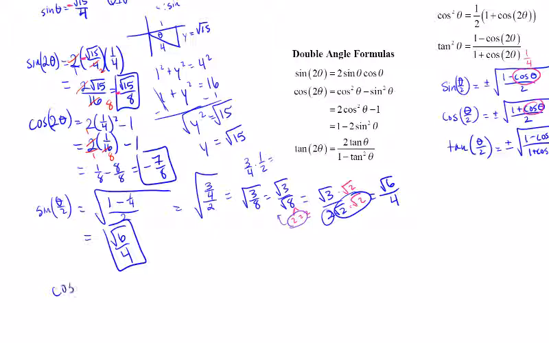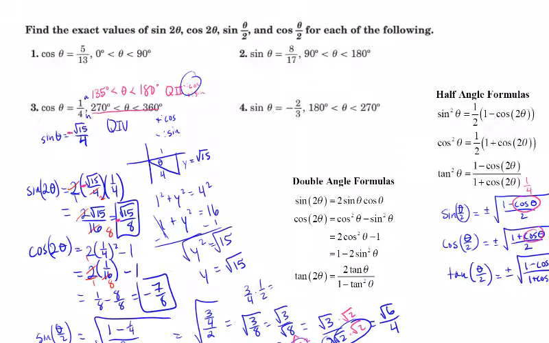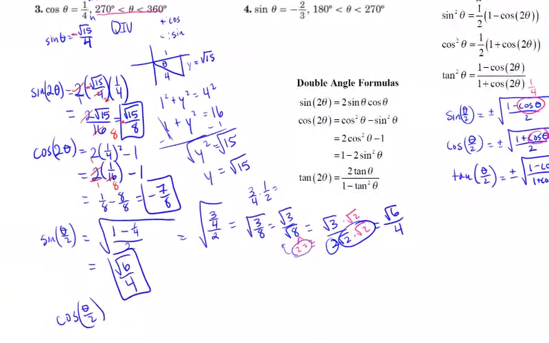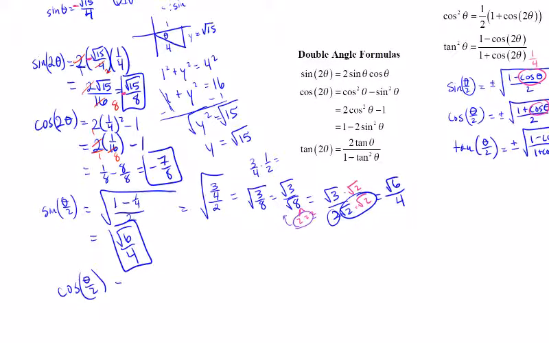Now cosine of theta over 2. Remember that cosine is actually going to be negative, because if we're in this range and we divide our angle in half, we're going to end up in the second quadrant, which makes cosine negative, right? So cosine is going to be negative square root of 1 plus 1/4 over 2, right?